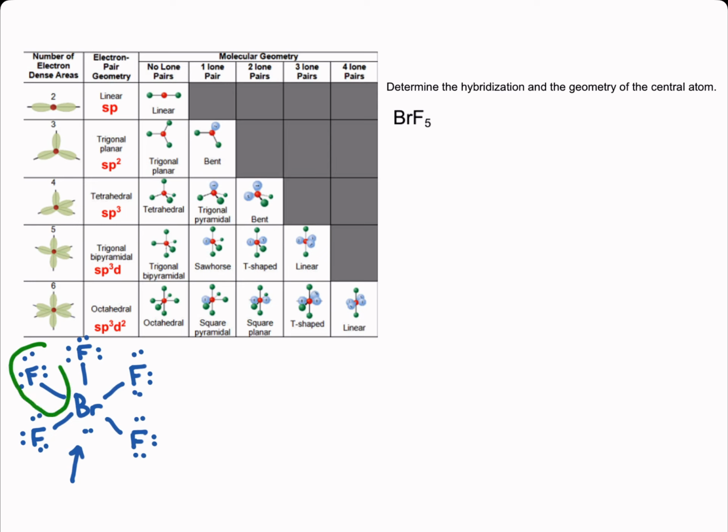Bromine has 1, 2, 3, 4, 5, 6 electron groups. 6 electron groups means steric number 6 and hybridization of sp3d2.